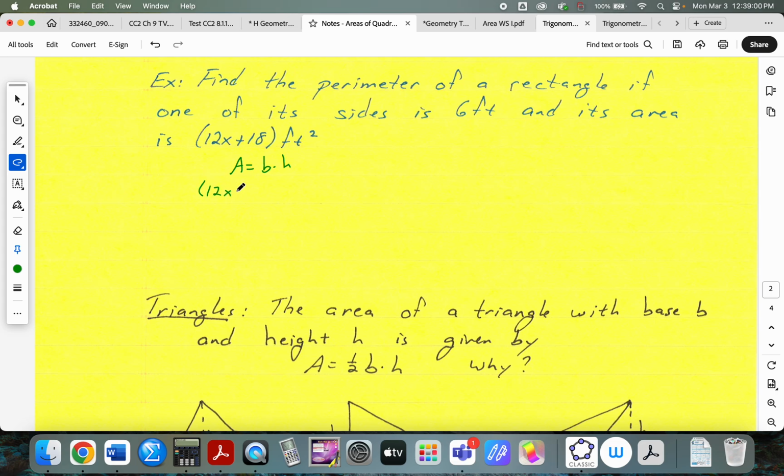So that's 12x plus 18 square feet is equal to, I can use any side I want to as the base, and the other side will be the height. So that'll be 6 feet times the height. Divide both sides by 6 feet. And we get 2x plus 3 feet is the height.